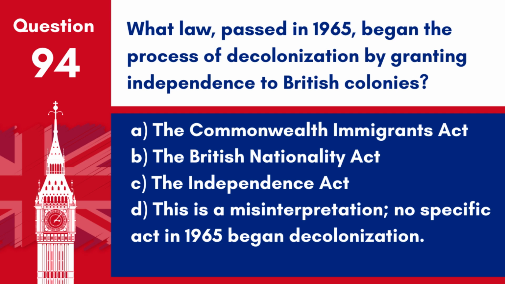No specific act in 1965 began decolonization. Answer. D. This is a misinterpretation. No specific act in 1965 began decolonization. Decolonization was a process that occurred over several years, with various acts passed granting independence to different colonies. The process was not initiated by a single act in 1965.